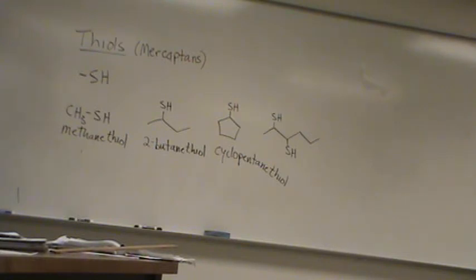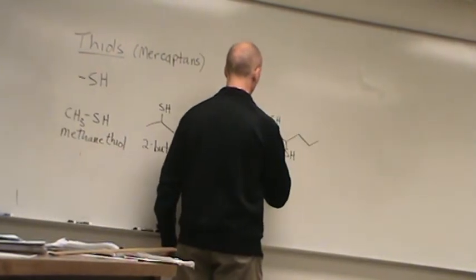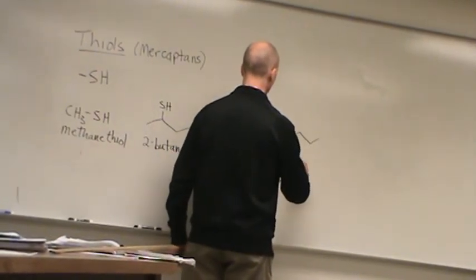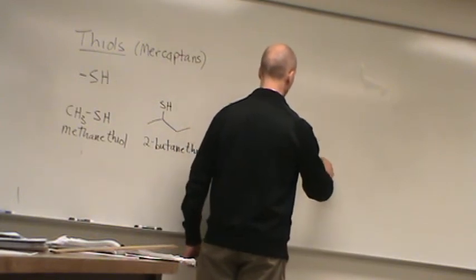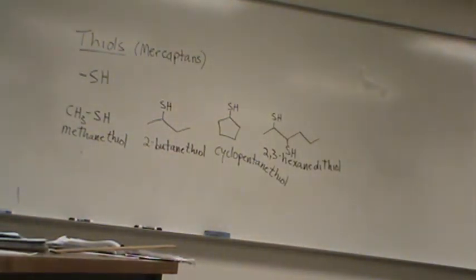What do you think the last one is? 2,3 hexane dithiol. All right, so naming these things is pretty straightforward. Let's look at some properties of these. These things have interesting properties.